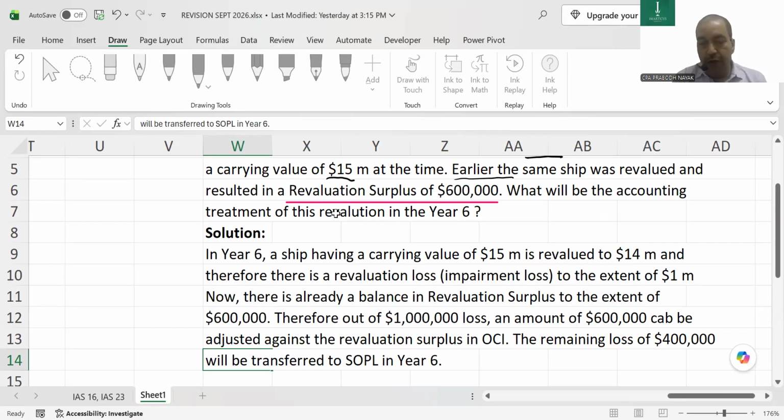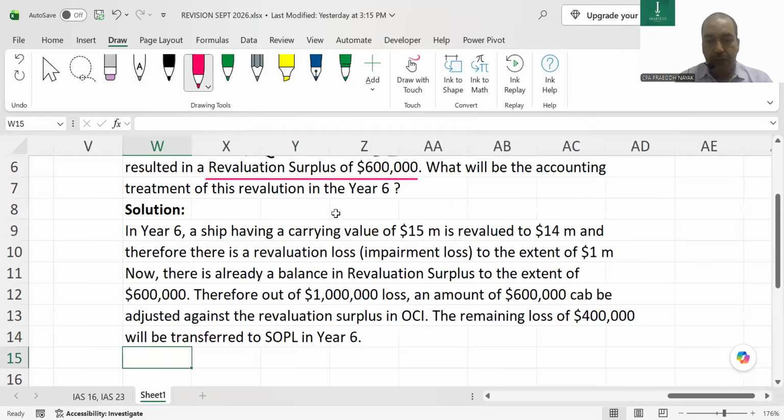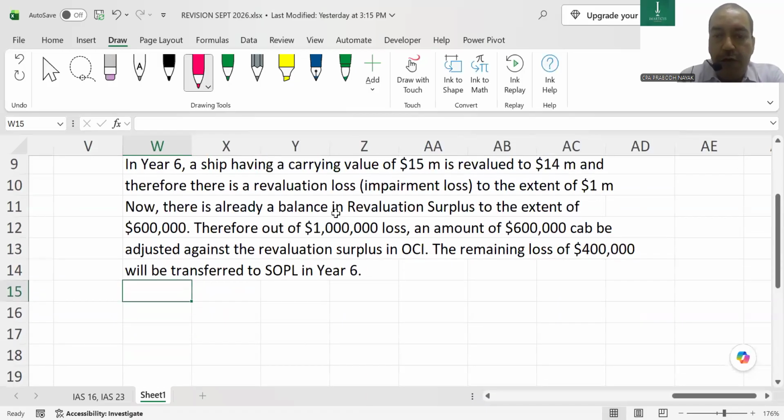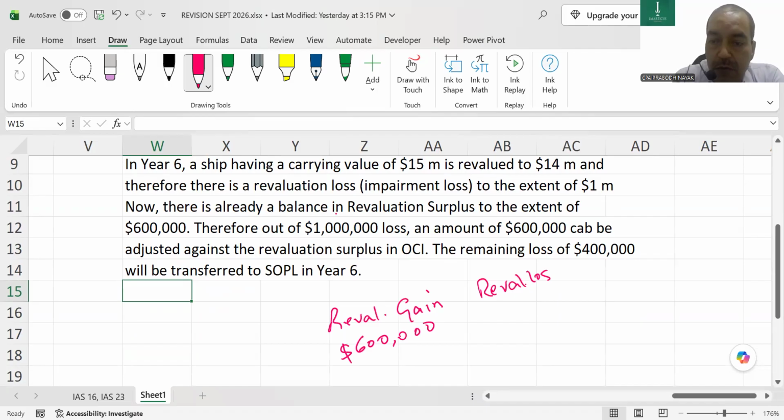Okay, you want me to explain this loss to you, correct? See, first there is a revaluation gain, to the extent of $600,000. Then you have a revaluation loss or an impairment loss to the extent of $1 million. लेकिन अपने पास ये $600,000 पहले से है, वो गेन है, पहले उसमें से निकालना है, पहले उसमें से एडजस्ट करना है.